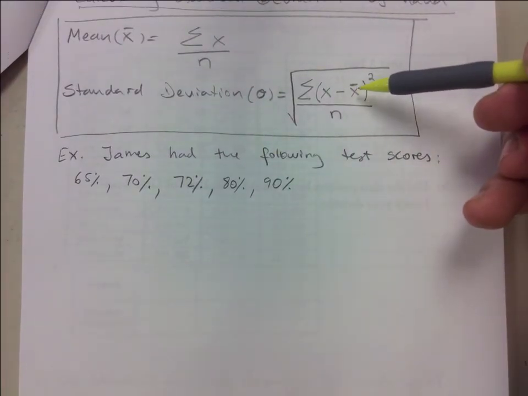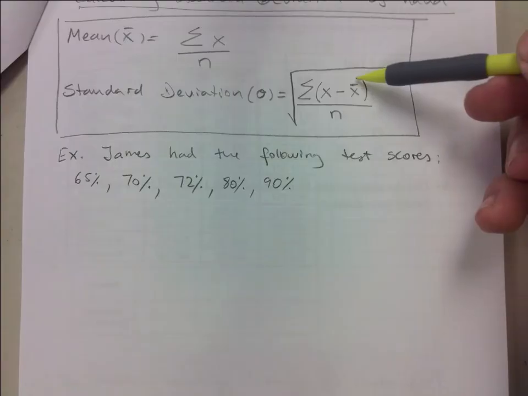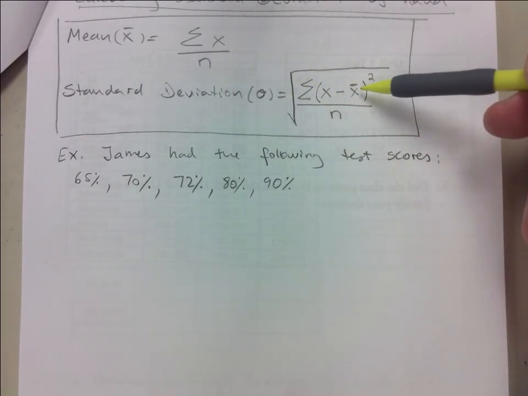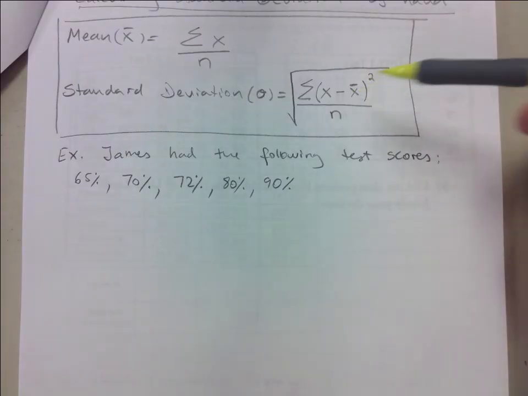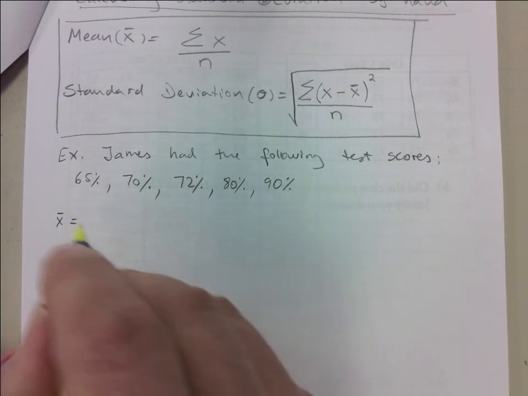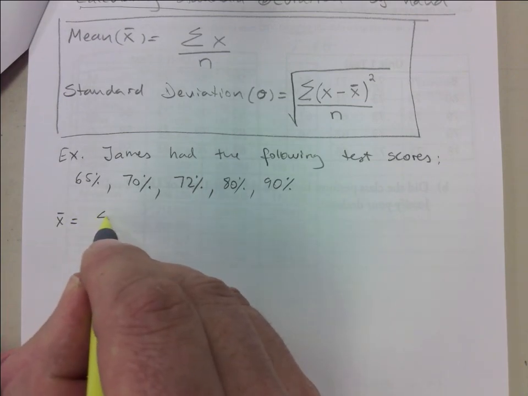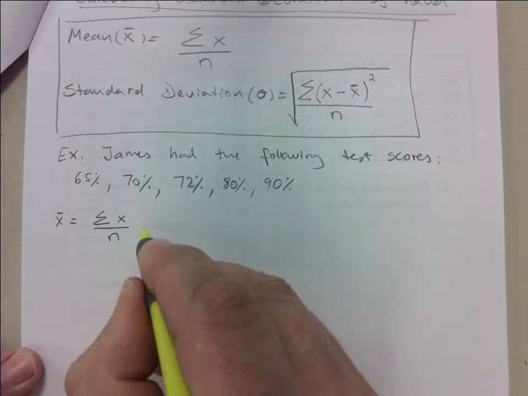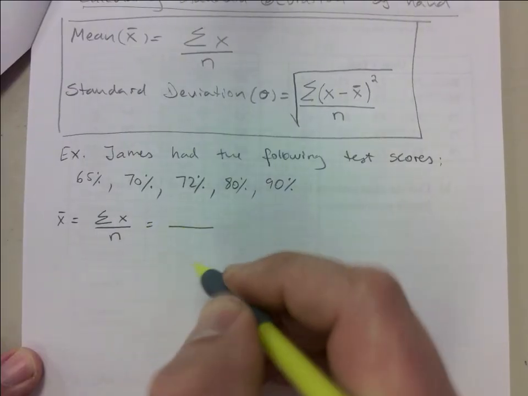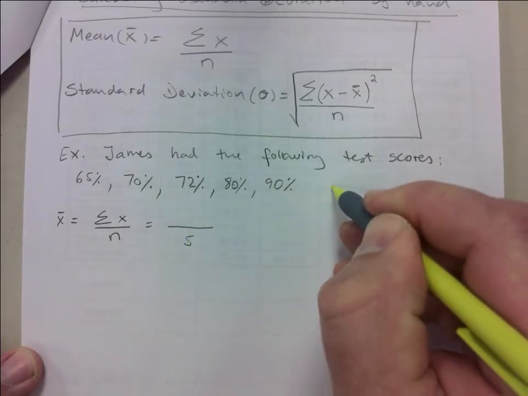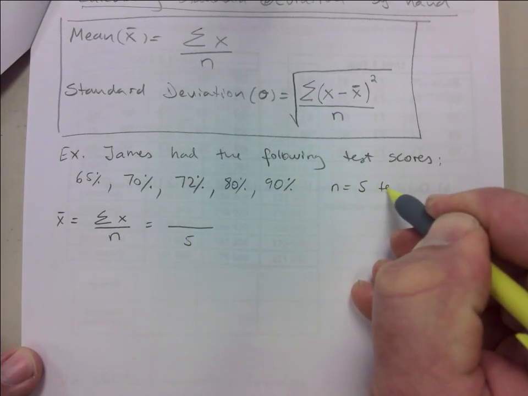For you to be able to use the standard deviation formula, you need to figure out the mean first, the average. So let's do that first. The mean score would be the sum of all values divided by n. n is 5 scores. So n is just 5 tests that we're considering.